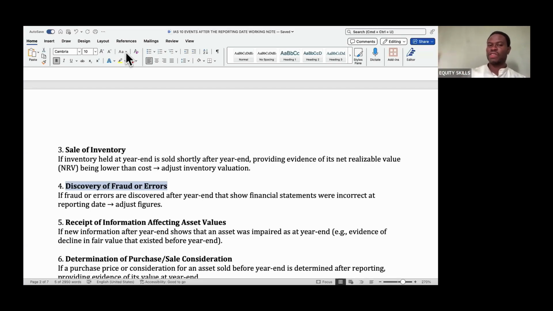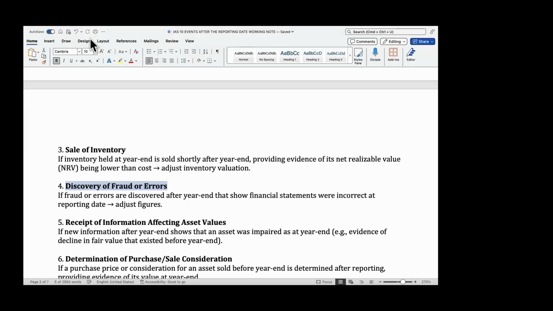If it happens after that date, you are not going to adjust your previous year's figures. You won't adjust the financial statements of the previous year. You would only update the report for the current year, and include it as part of your transactions for the current year. Thank you, sir.